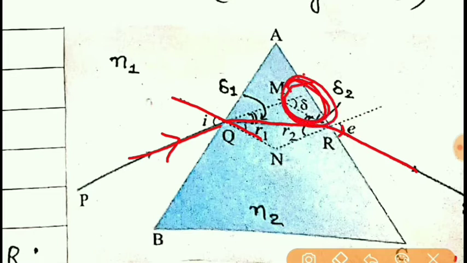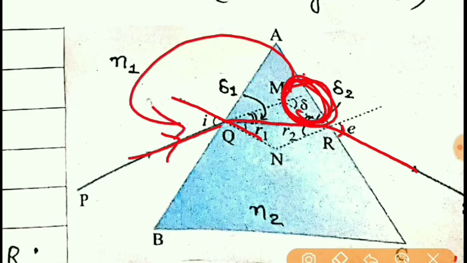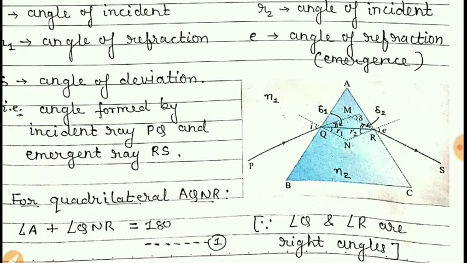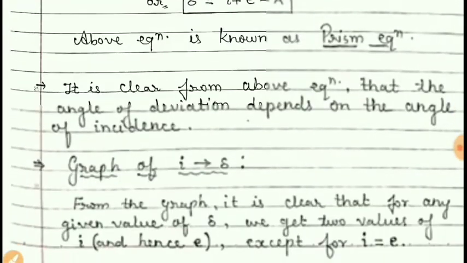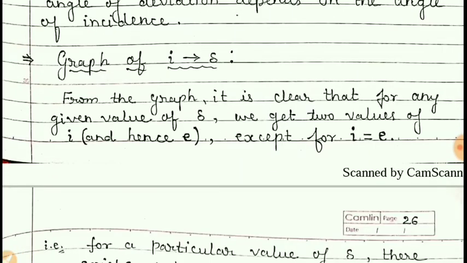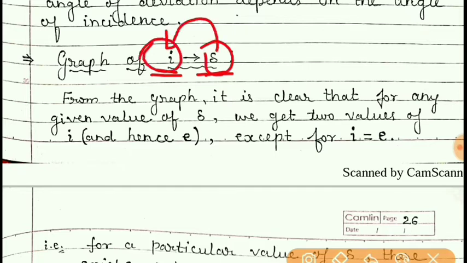So delta depends on incident angle. Now about the graph of incident angle versus delta, because we know that delta changes with respect to I, so we can plot a graph of I versus delta.